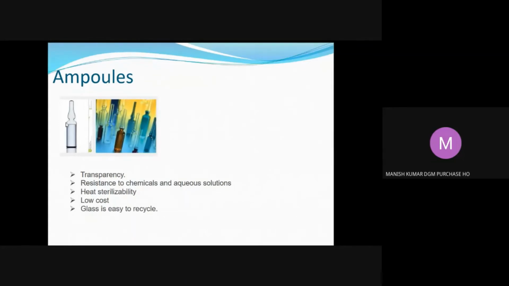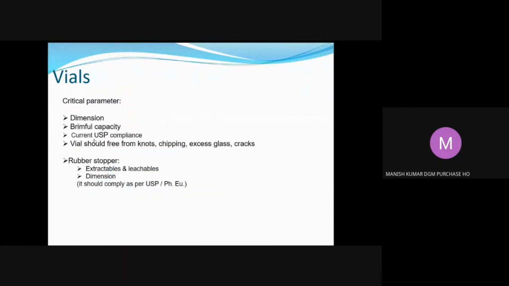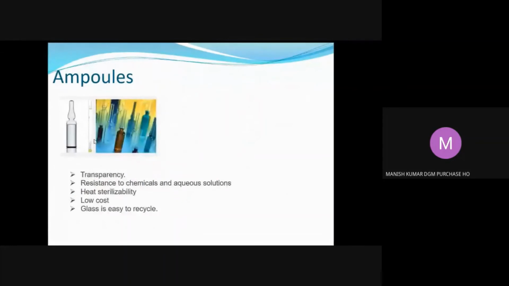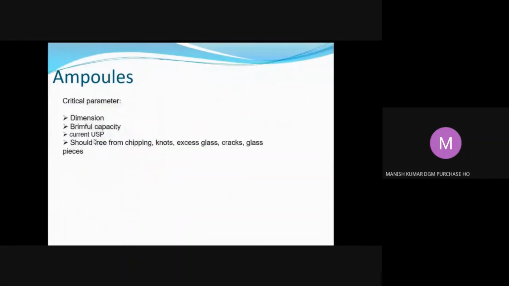They come in different colors and with a ring, and you can put a label here. In India we are still using them, but other European countries have reduced their usage and are using vials instead of ampoules. The critical parameters are the same as for vials: brimful capacity, dimension, and it should be free from glass cracks.